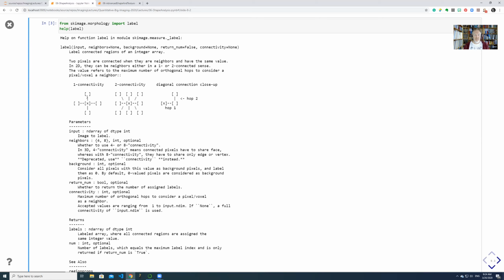So you can look at 1 connectivity, so it's only looking along the principal axes of the image, or 2 connectivity, then you also look at the diagonals. You can also do some other stranger connectivity if you want to. So this is kind of a diagonal connection. And with those, you also decide how well the image is labeled.